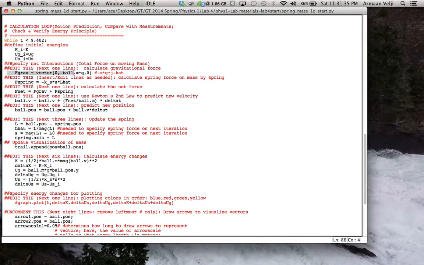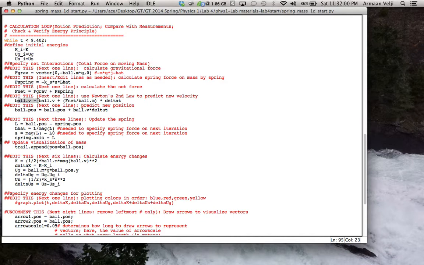I found the equation for gravity, which I said before was m times g in the negative y direction. Then the force for spring, which is negative k sub s, which is the spring stiffness, times s, which is the difference in the springs, and times L hat. Next, F net was the combination of the two forces.